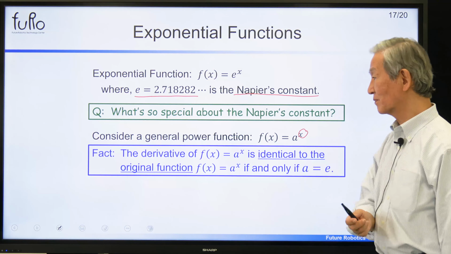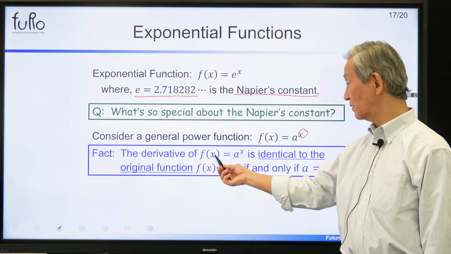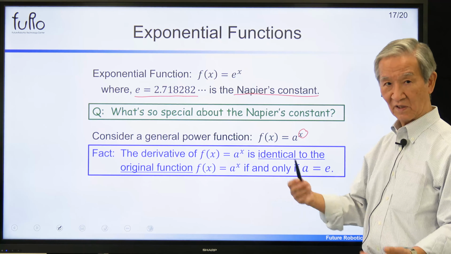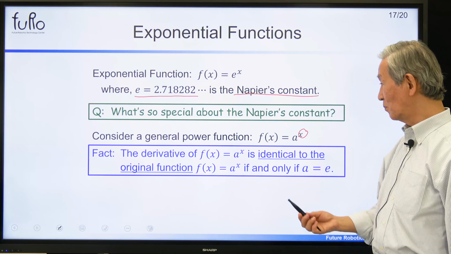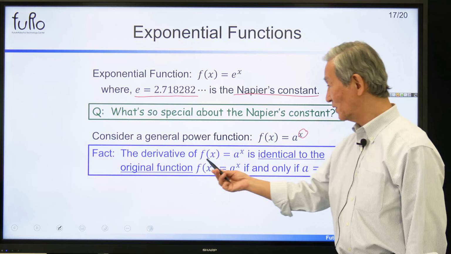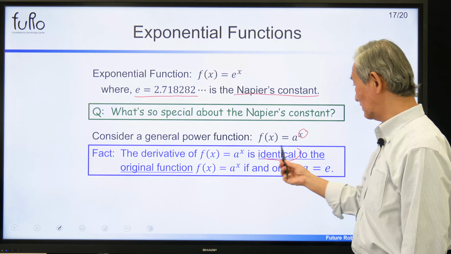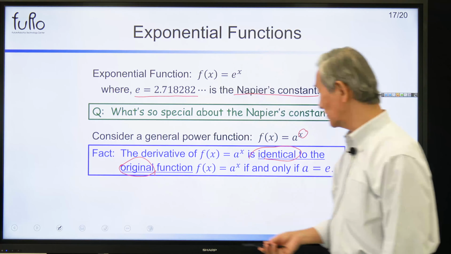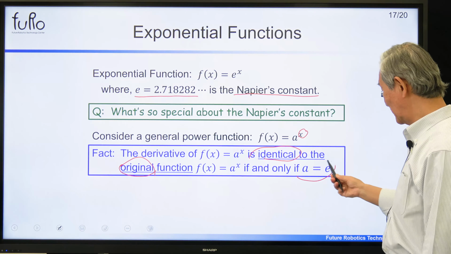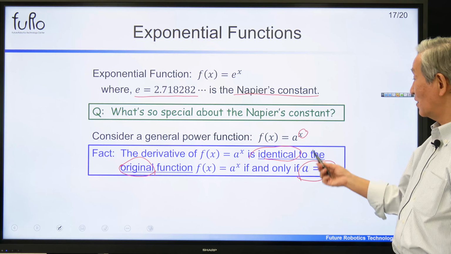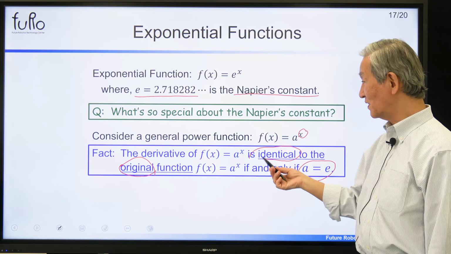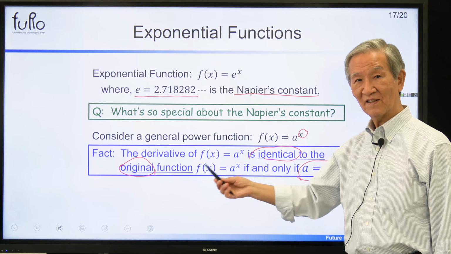And this is a fact. If you differentiate this one here, of course you're going to get another different function, right? But the derivative of this one here is identical to the original if a is equal to e. If a happens to be this number, Napier's constant, differentiating you get the original function.